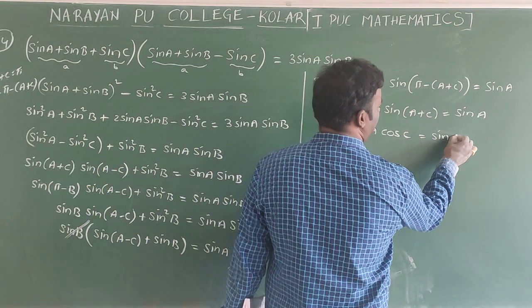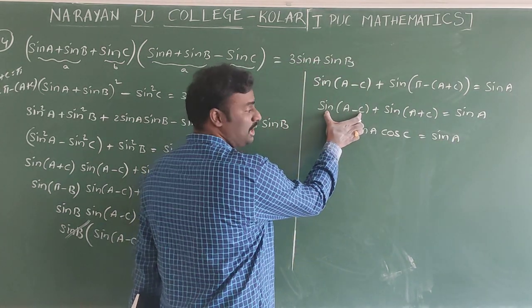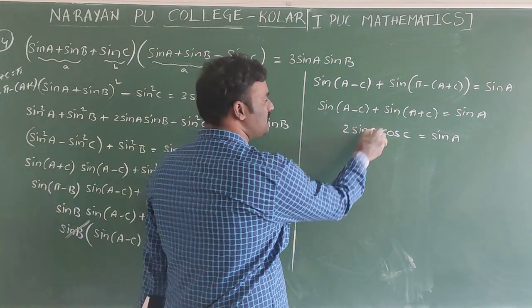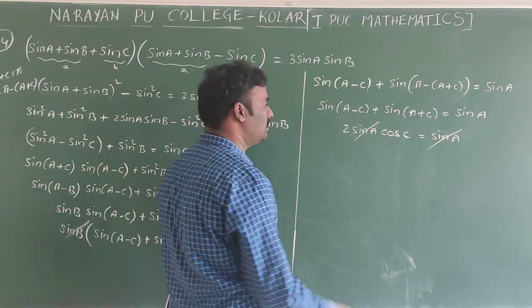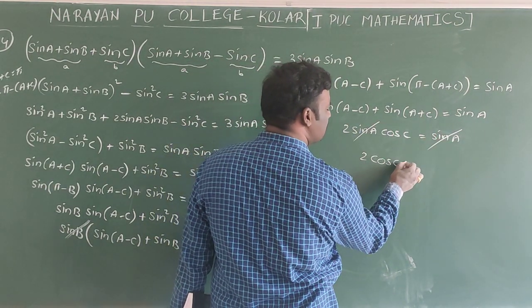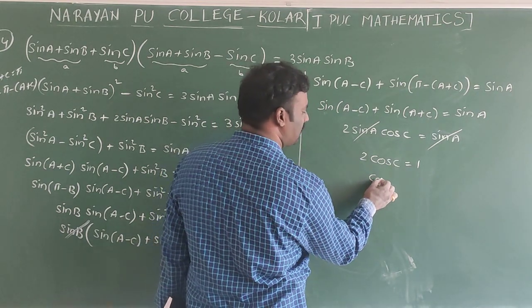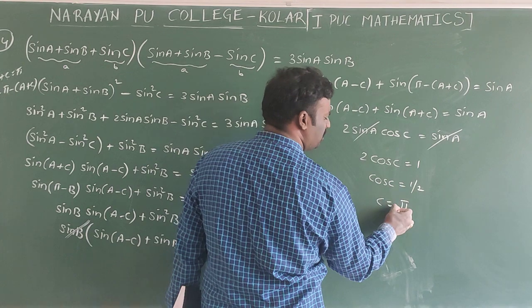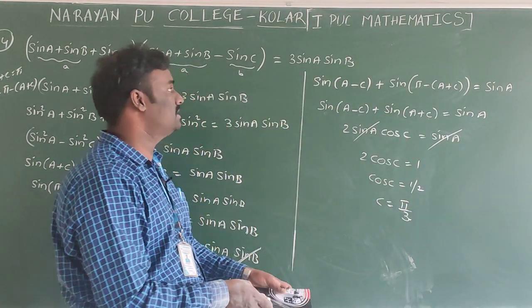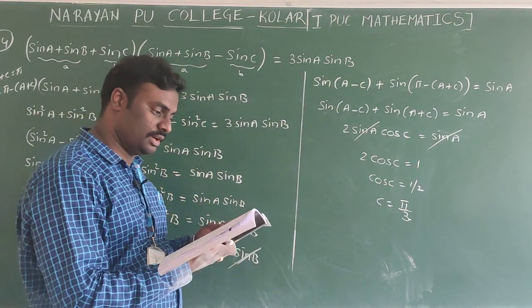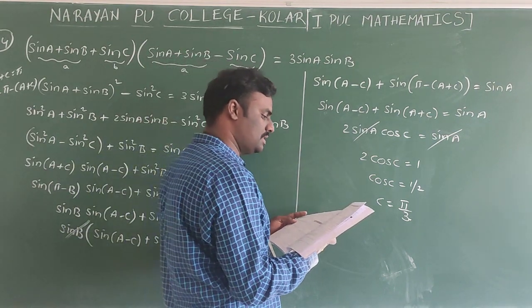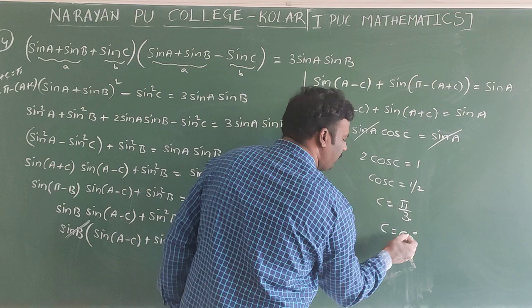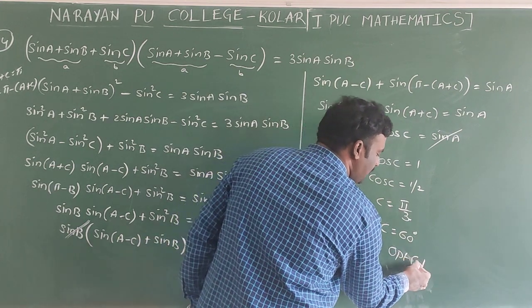If you have any doubt, apply sin of A minus B and sin of A plus B, one term gets cancelled. Now in this, sin A gets cancelled. Now you will get 2 cos C equals 1, so cos C equals 1 by 2. Now C equals pi by 3 is the answer for question number 44. The answer is given in degrees, that is nothing but 60 degrees. Option D is the correct answer.